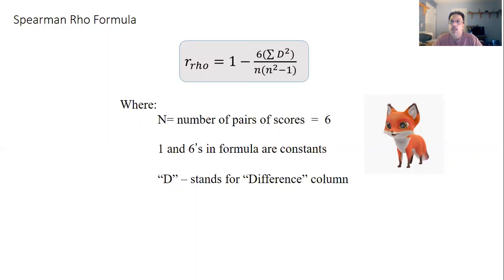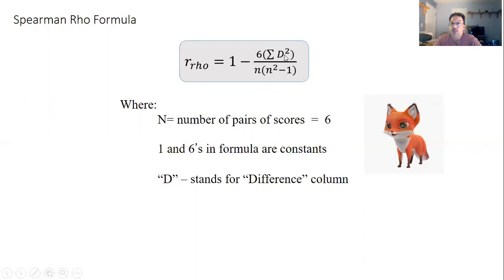That only gets confusing if we have 6 participants, because then these may also end up looking like 6s. That first 6 has nothing to do with the number of subjects. This 6 is a constant. So, our number of pairs of scores is 6, but the 1 and the 6 and that 1 are constants.